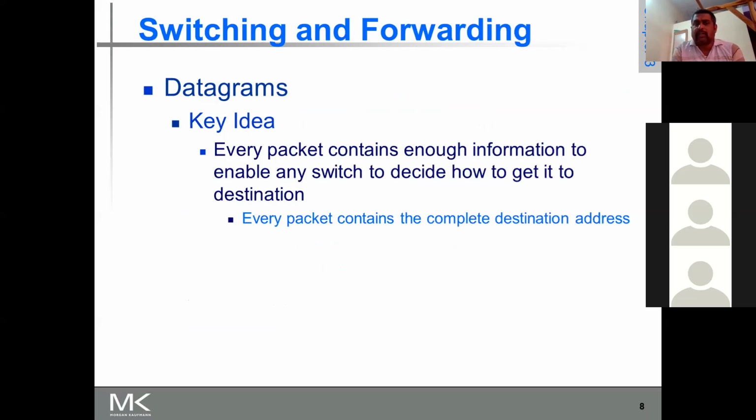A packet is like a living thing, an essential body in a network. A packet contains data and a header. That header will have enough information for a switch to decide where its destination is. Every packet always contains a complete destination address.